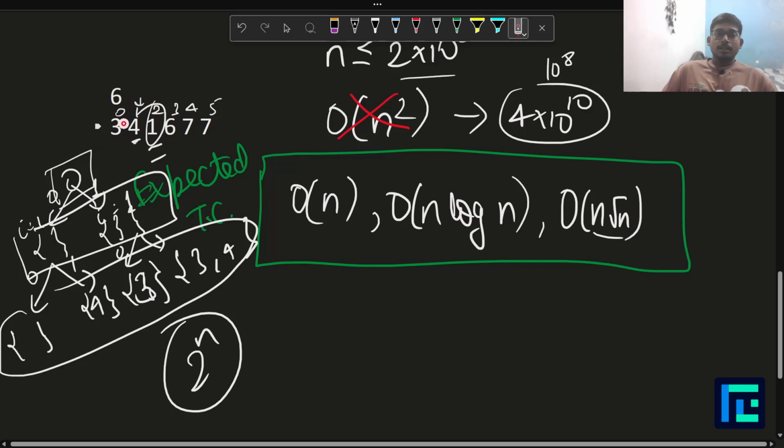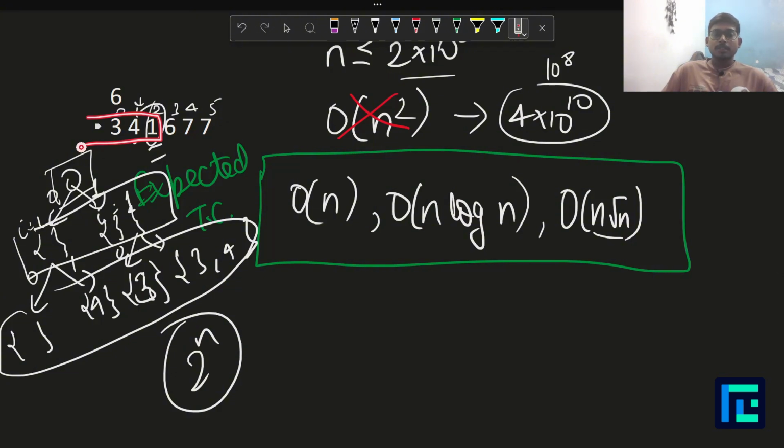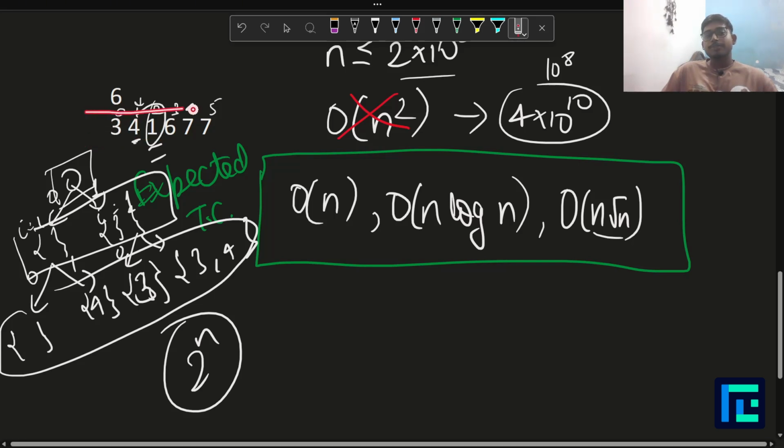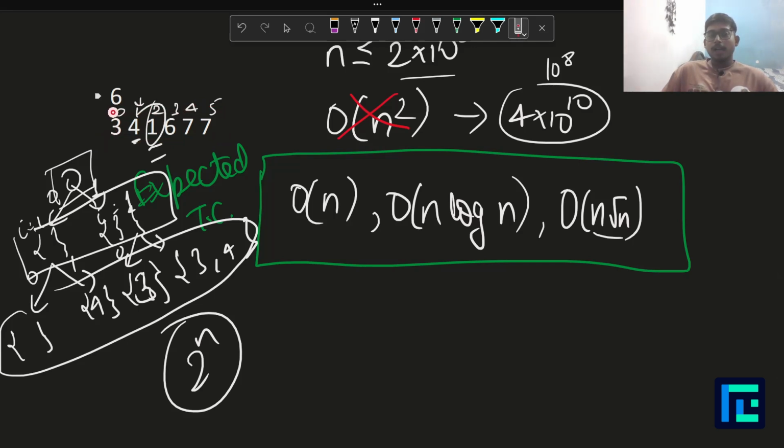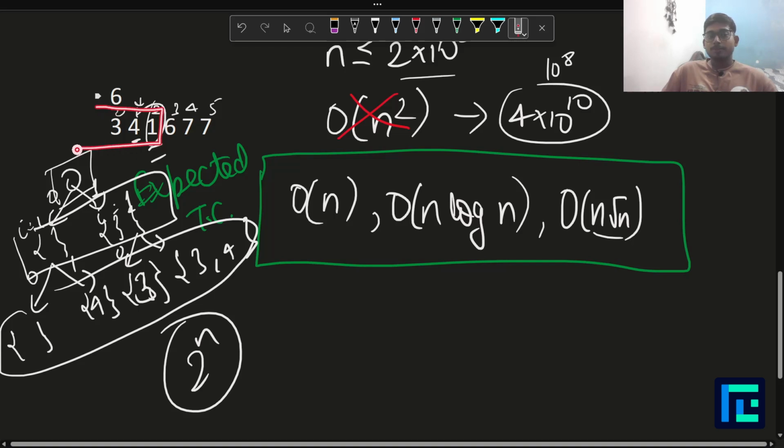That's what, in most questions, when we take a DP state, the first thing we think is to represent our answer through the DP state. Here our answer is the minimum number of removals to get a beautiful sequence. So if we take a DPI, that should represent the minimum number of removals to get a good sequence for the subarray from 0 to I.